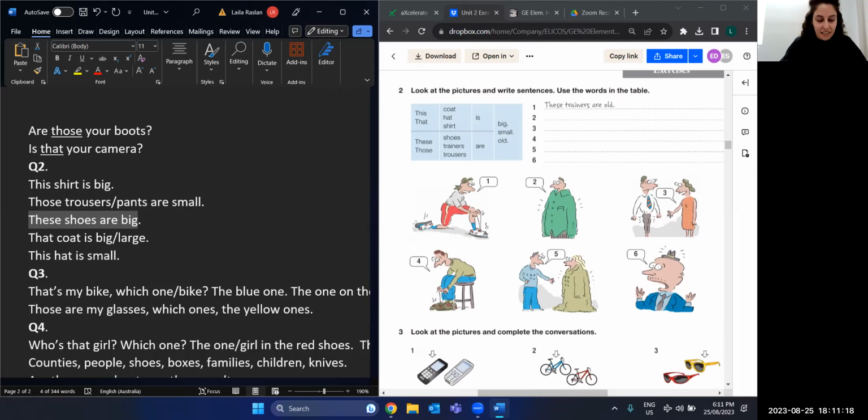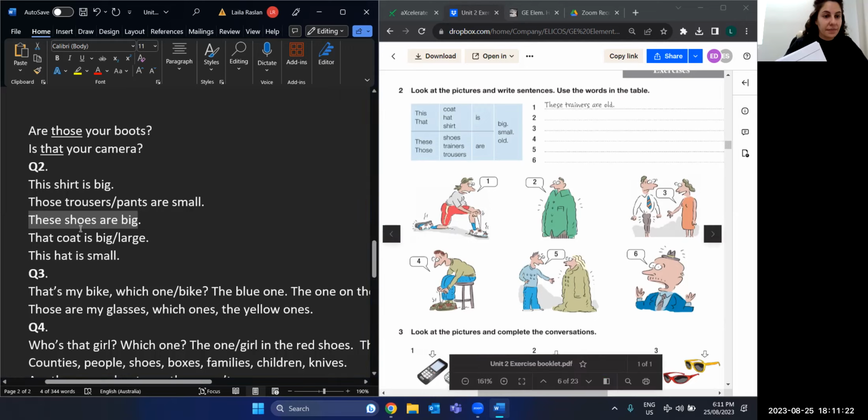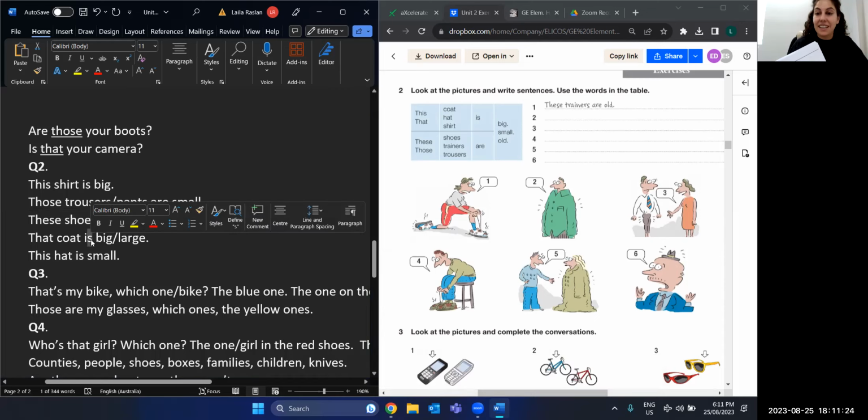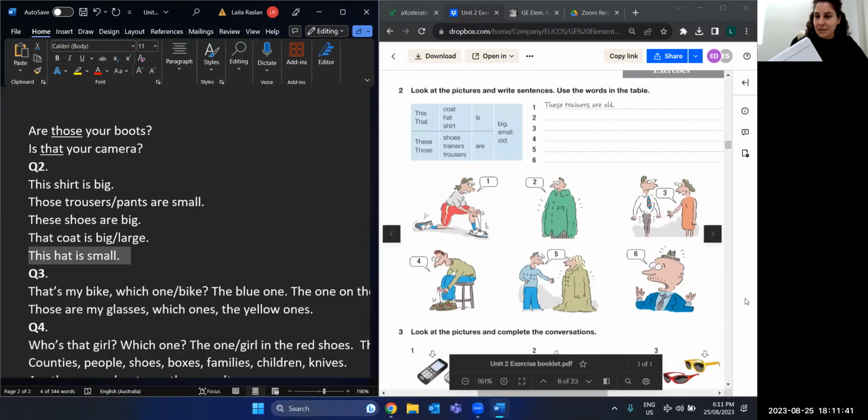That coat is big. Yep, so remember, that coat is big or large. 6, this hat is small. Yeah, this hat is small.